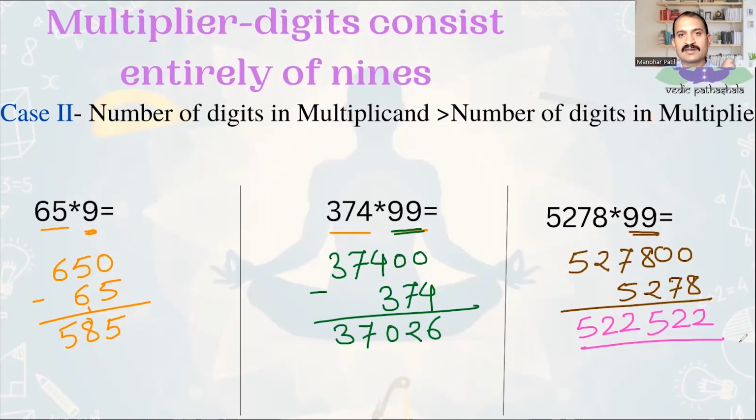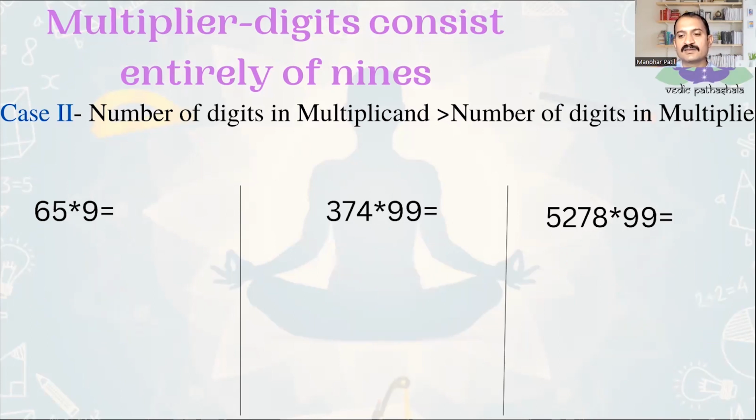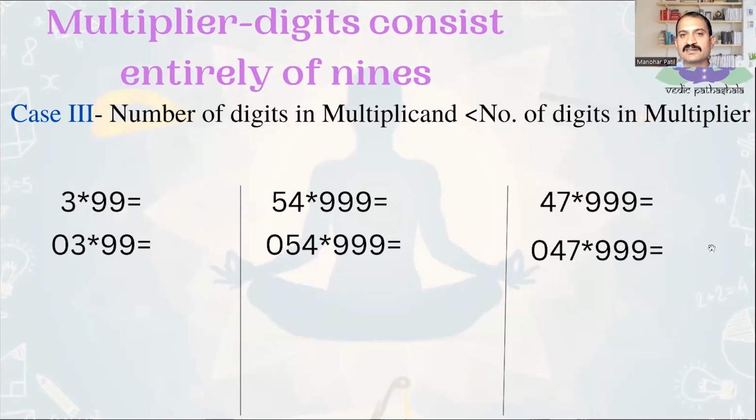So we have seen two cases: when the multiplicand and multiplier have an equal number of digits, and when the number of digits in multiplicand is greater than the number of digits in multiplier. And the last case, we will see when the number of digits in multiplicand is less than the number of digits in multiplier. So how to do that? It's very easy. One more rule, we should remember that you can put any number of zeros before any number.